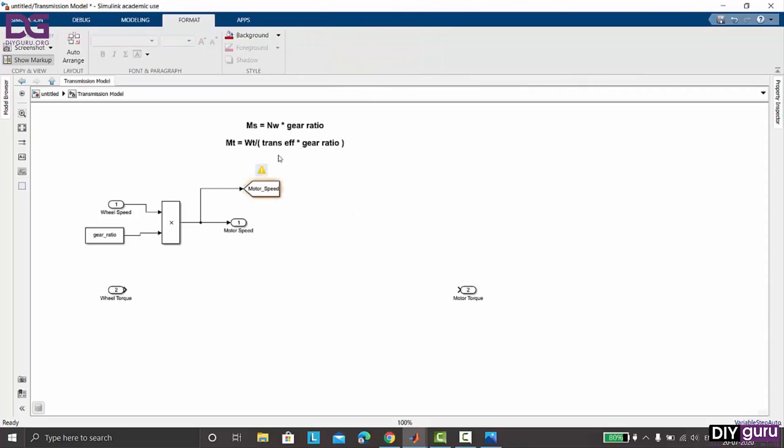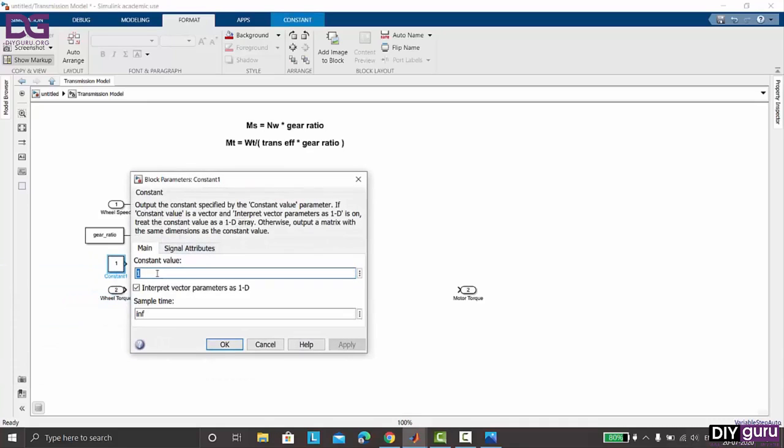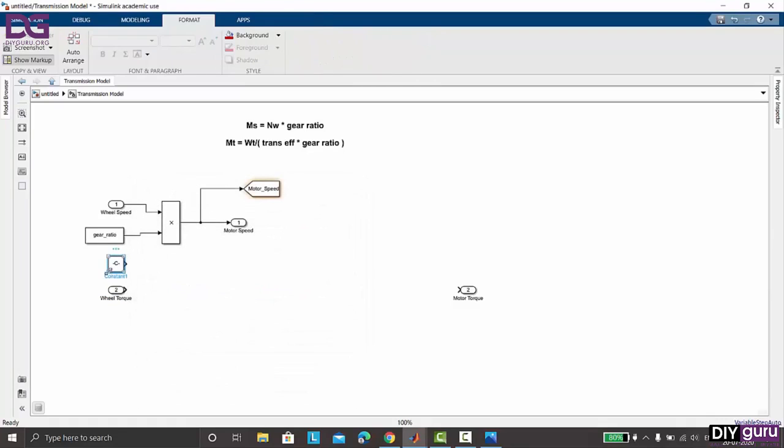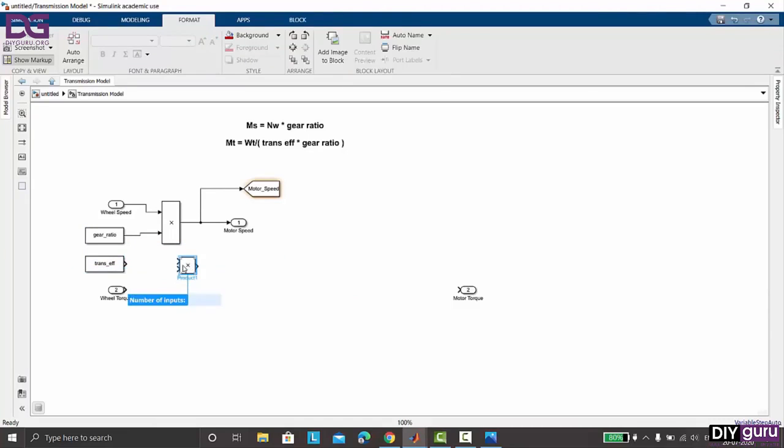And to estimate the motor torque, we require transmission efficiency. So add one constant block. Double click on it and give it a name. Add product block to multiply the gear ratio and transmission efficiency, and one divide block, and we will get the motor torque.